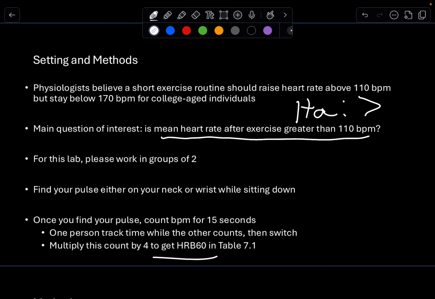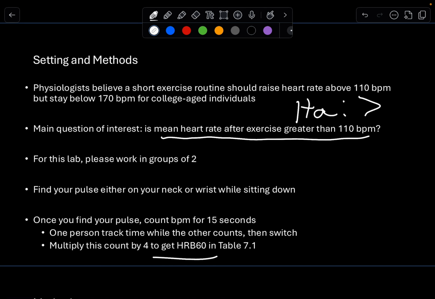In table 7.1, that will go in HRB 60, heart rate before exercise, then 60. Okay, so that is your resting BPM, resting beats per minute. Now, that's your baseline. Now you need to do the exercise.